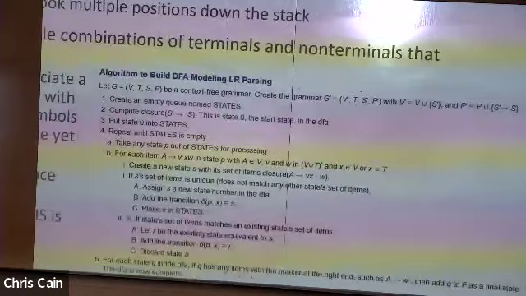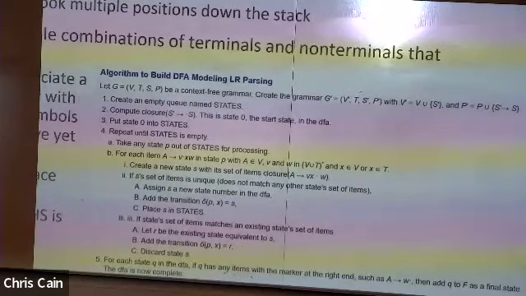So we are going to take as input a context-free grammar. We're going to create a new grammar that is going to basically be the same grammar, but with every possible production being every item from the past one. We're also going to make sure that we make a new start state, S prime.